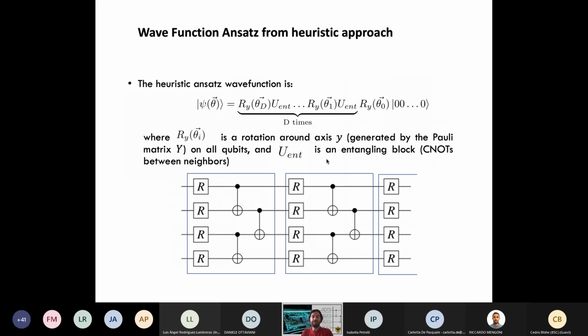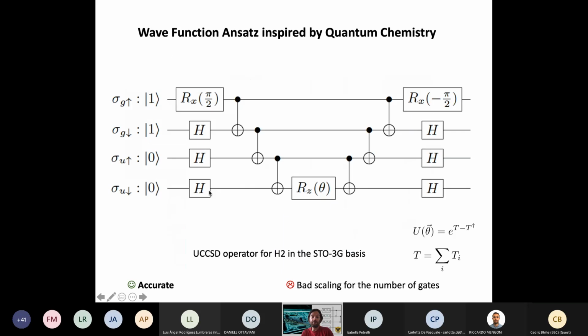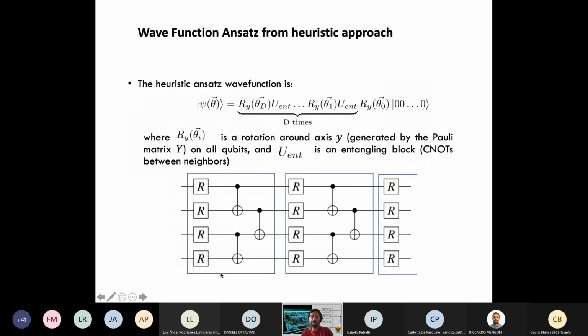I mean, the hardware is, for instance, not bad at having CNOTs that can be compressed in time, so the most compact, and then you can apply single-qubit operators all at the same time without much problem. So one hardware-inspired ansatz that has been proposed for the variational quantum eigensolver is this one, where you have basically a repetition of rotations, which can be whatever rotation, and entangling blocks.